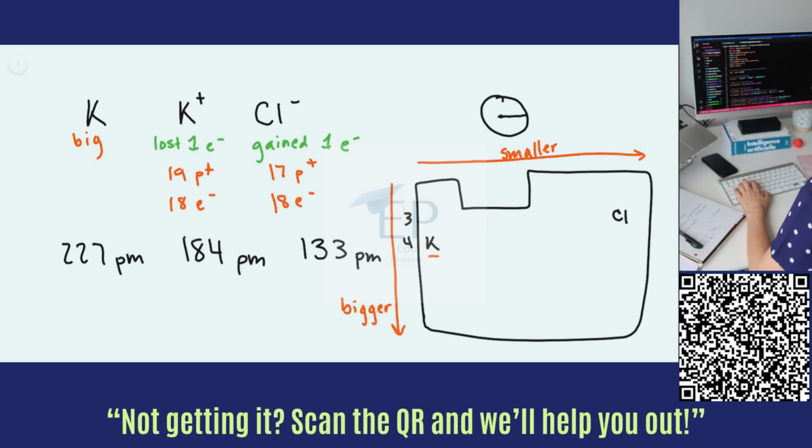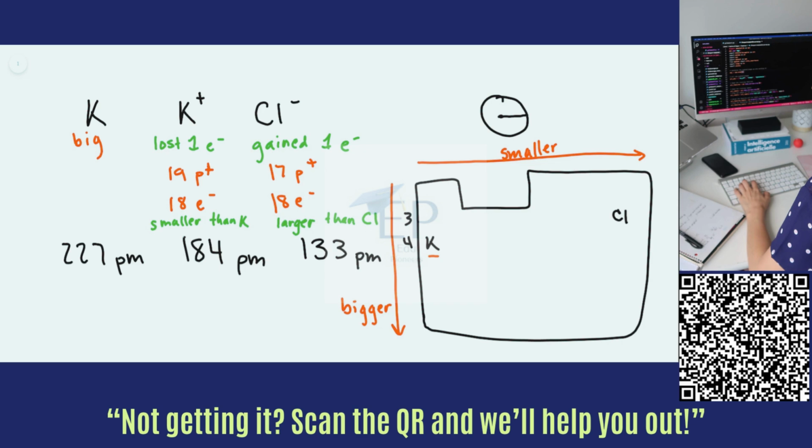So we know that potassium, K+, is going to be smaller than just regular K. Now, the opposite is true when you gain electrons. That extra electron is more difficult to pull in tightly, and so we know that negative ions will be larger than the regular atom chlorine.